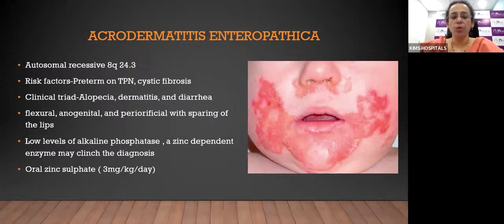We can see this rash over the flexural, anogenital, and periorificial areas with sparing of the lips. Low levels of alkaline phosphatase, a zinc-dependent enzyme, may clinch the diagnosis. The treatment is with oral zinc sulfate in a dose of 3 mg per kg per day.